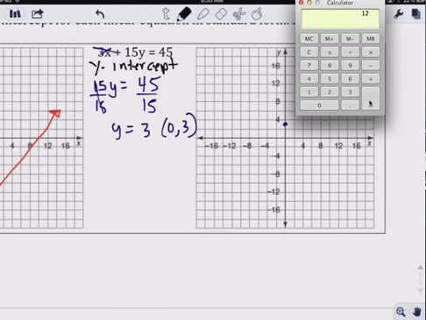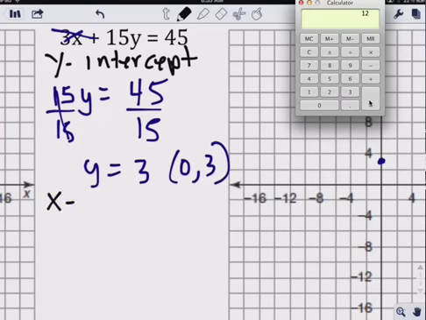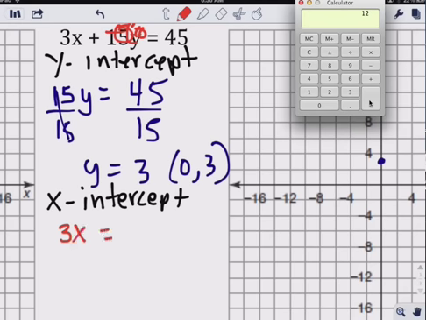X-axis. X-intercept. Oh my god. X-intercept, sorry, is when y is 0, and 0 times 15 is 0, so that's 0, so it's 3x plus 0 is 3x equals 45. Divide by 3.